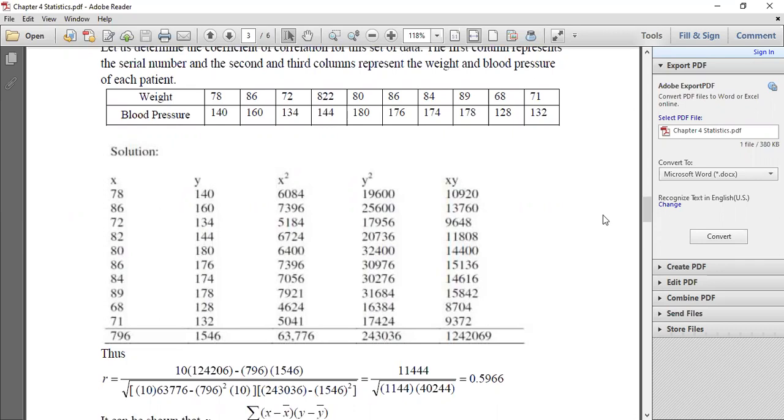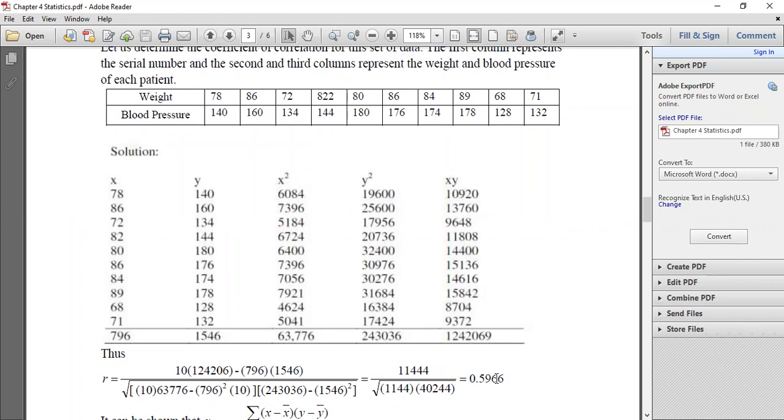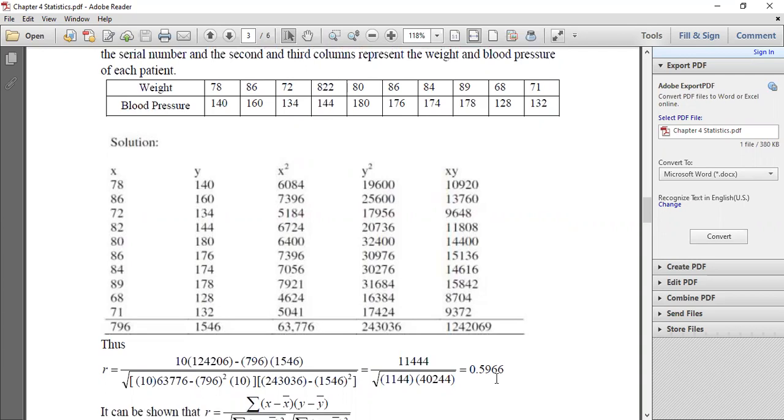So you are going to confirm the values, then you can get the value of R. Then you can interpret it in terms of the correlation, whether it is positive or negative, and whether an increase causes an increase, or an increase causes a decrease, and so on.